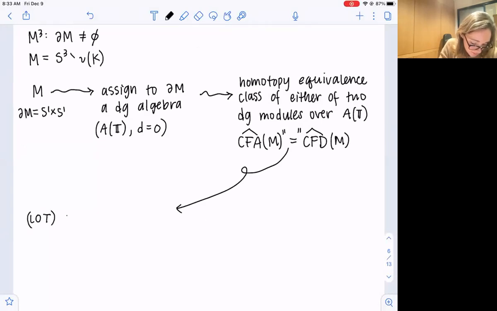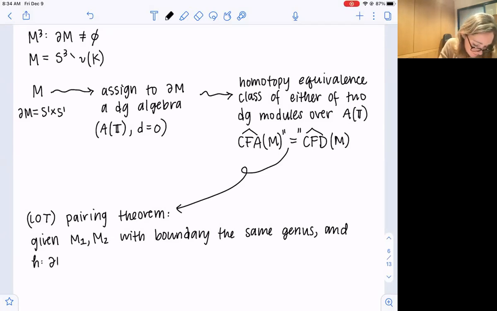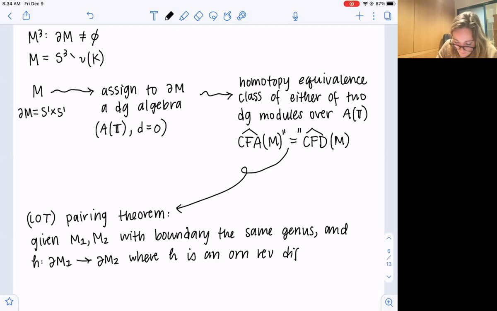Lipshitz, Ozsváth, and Thurston introduced this pairing theorem, which is really the beauty of this theory. So given two three manifolds, M1 and M2, with boundary, of the same genus, and some map H from the boundary of M1 to the boundary of M2, where H is an orientation reversing diffeomorphism, then we have the following.